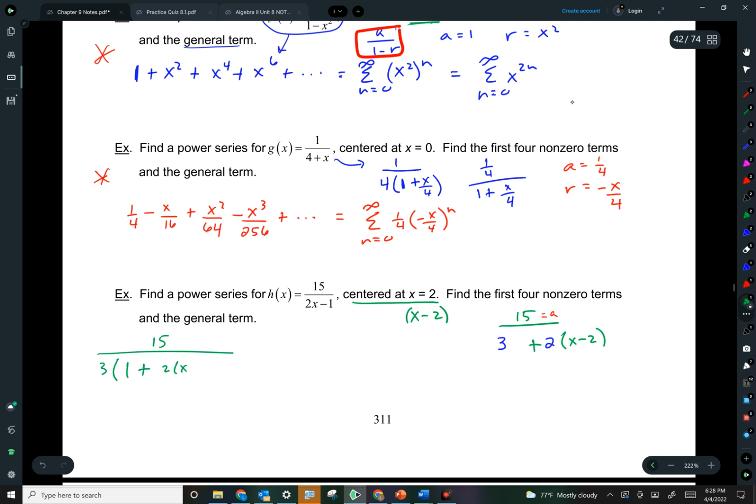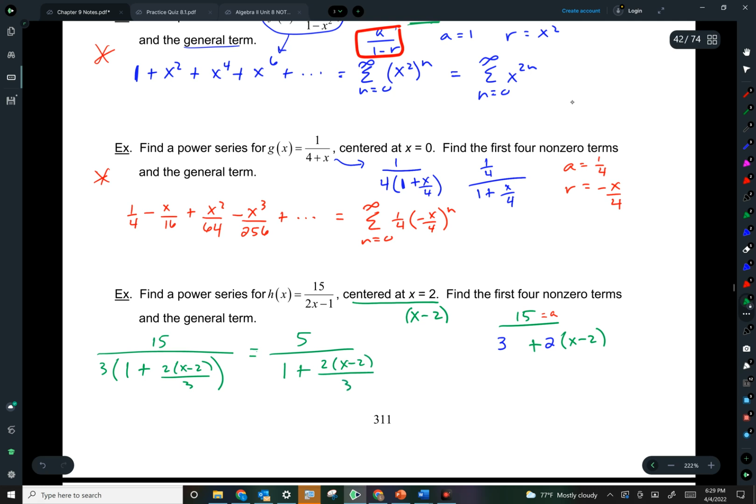I actually have 2 times x minus 2 all over 3. Okay, so I don't really want that 3 on the bottom, so I'll put it on the top. So at the top, I have like a 15 over 3. So I have 5 over 1 plus 2 times x minus 2 over 3.